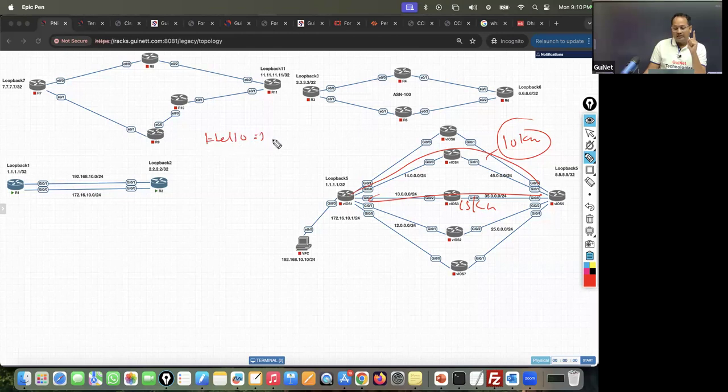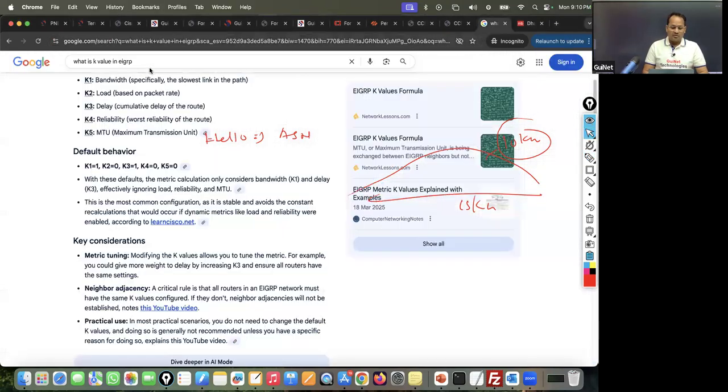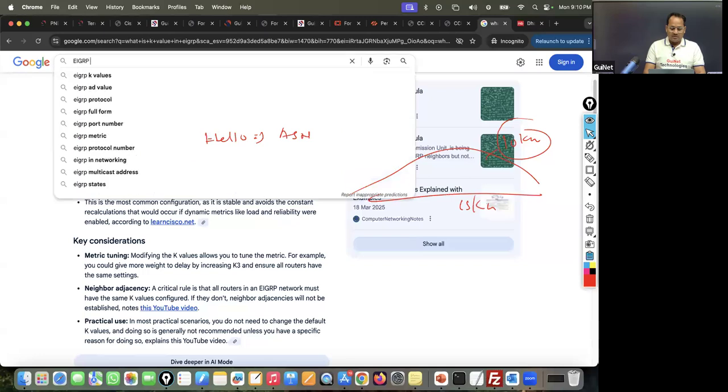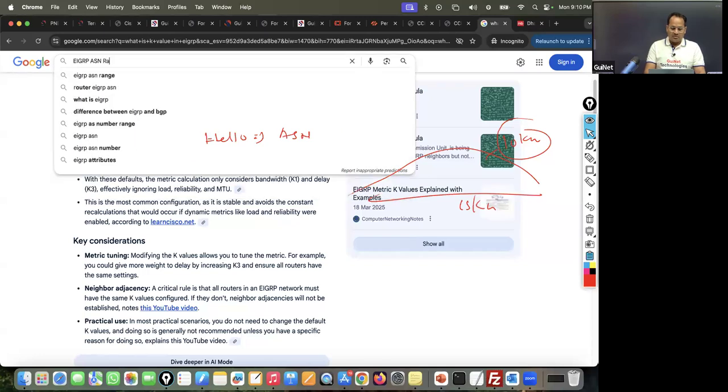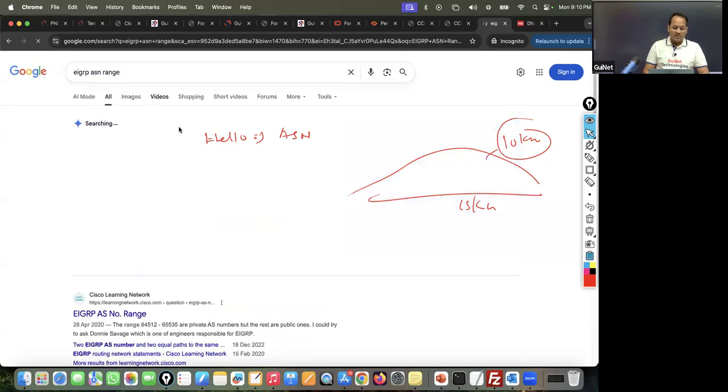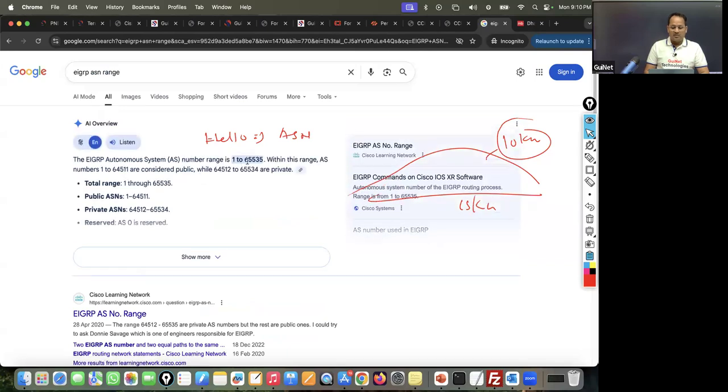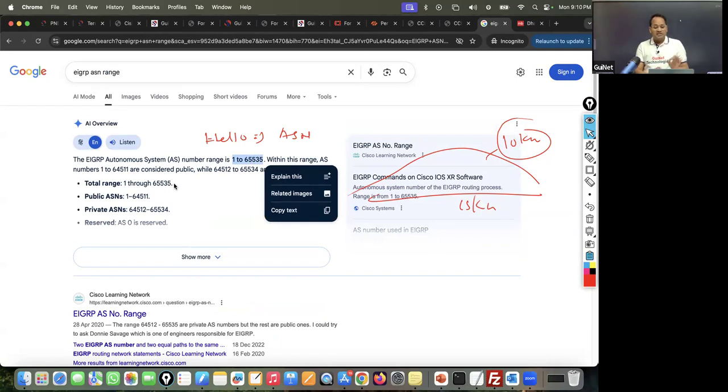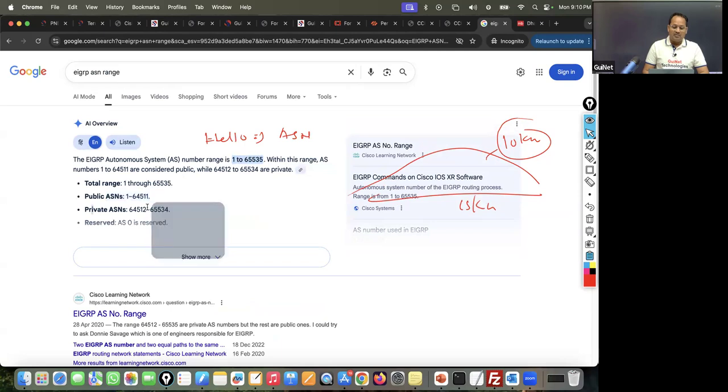Hello is going to contain the key parameter, that is the AS number, and you know what an AS number is. Let me show you the AS number range for EIGRP. If you go there, it starts from 1 to 65535. Within this, any number can be assigned, but this part is for the public one, and this part is for the private one.